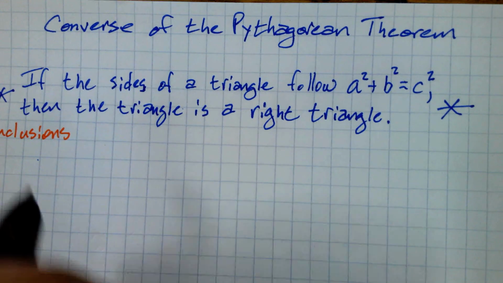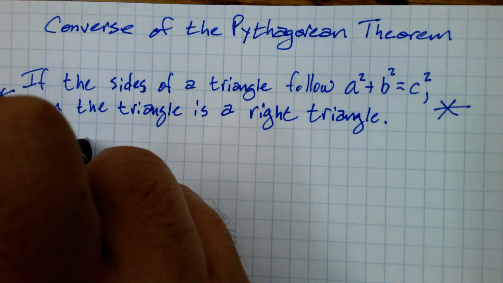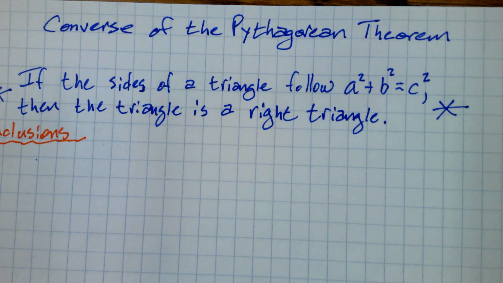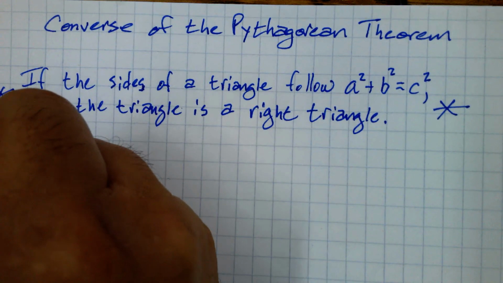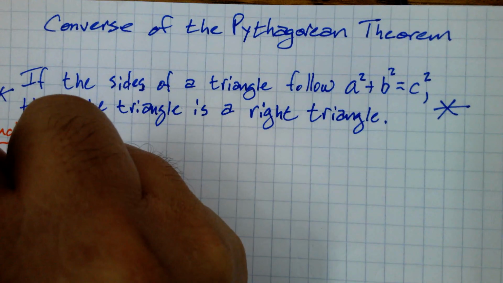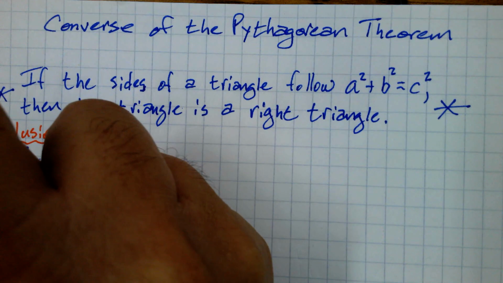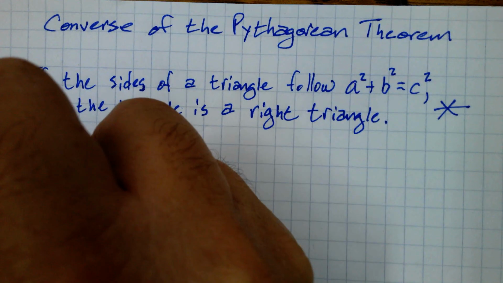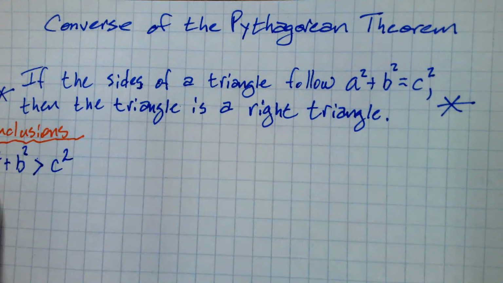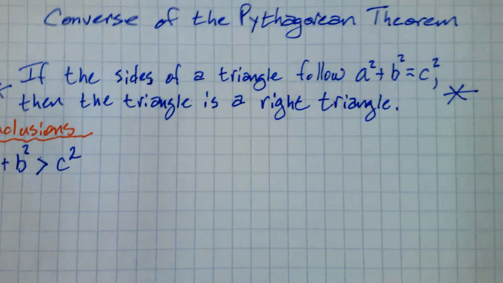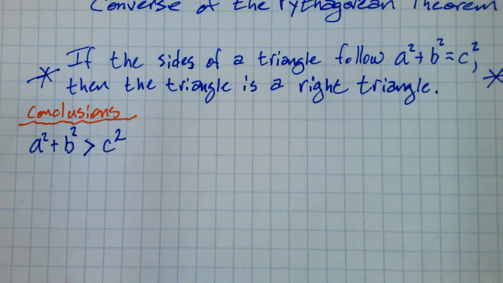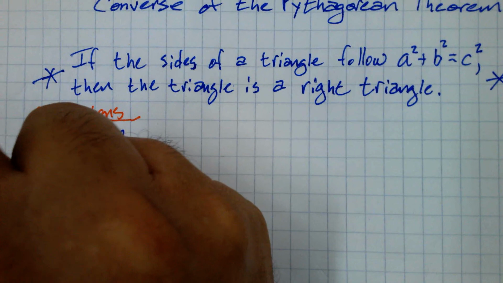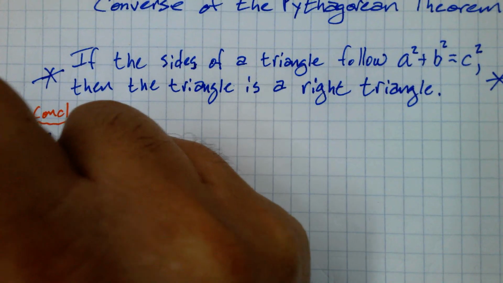Okay. Conclusions. So if we have a squared plus b squared greater than c squared, meaning a squared plus b squared is a bigger number than c squared, we have an acute triangle. You guys know what an acute triangle is?